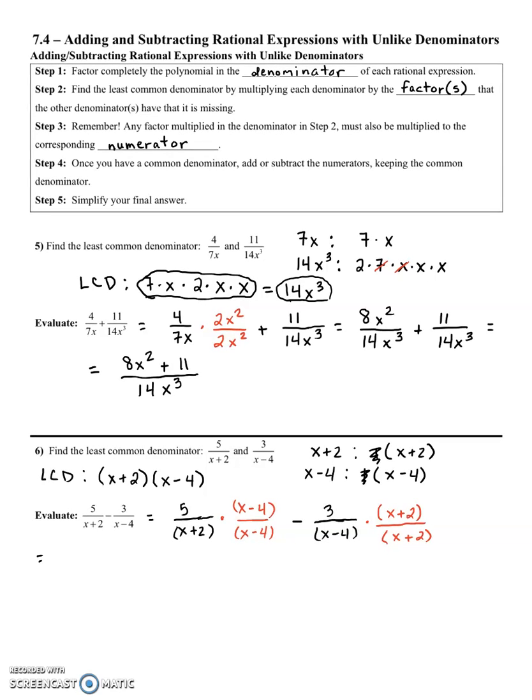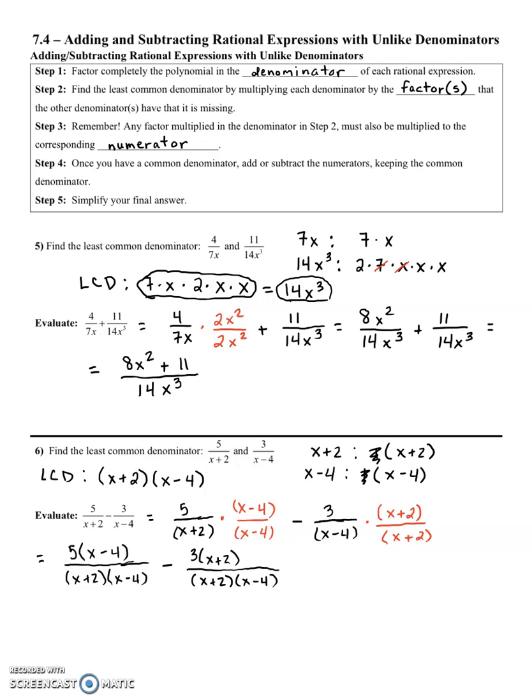So what that gives us is 5 times a quantity x minus 4 all over x plus 2 times x minus 4, minus a 3 times x plus 2 all over x plus 2 times x minus 4.